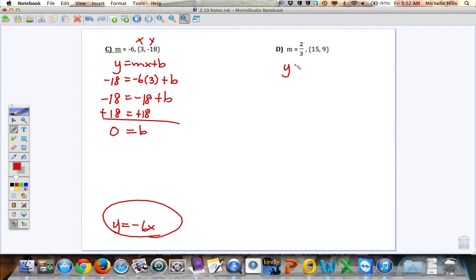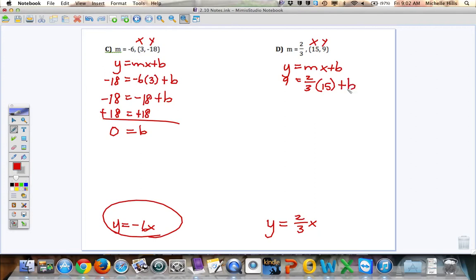And again, if y equals mx plus b, I know my final equation is going to have a y equals 2/3 x in it. Inside the ordered pair here, y is 9. And of course, my slope is 2/3 that I didn't write down yet. And inside that ordered pair, x is 15.